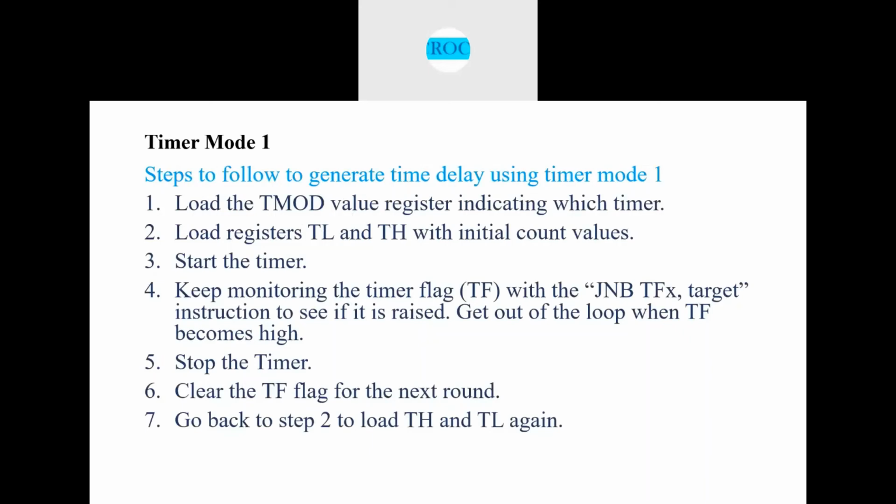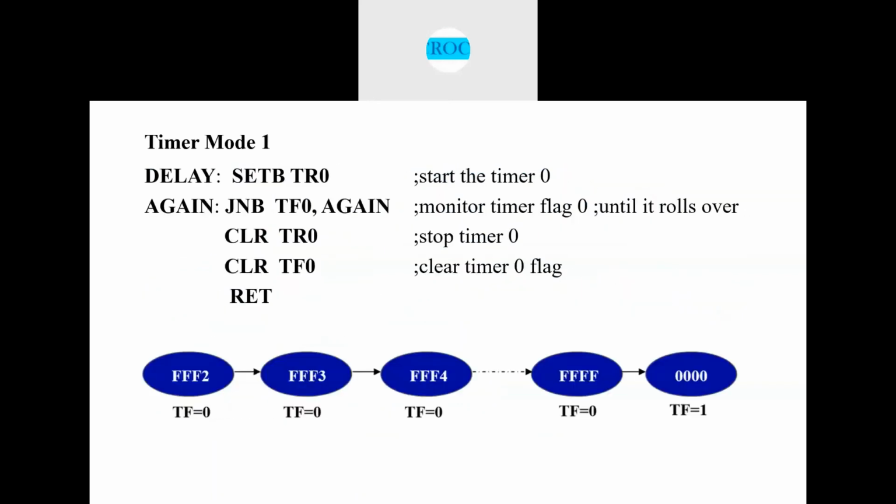Again initialize the 8-bit TL and TH registers with the initial count values. You can start with any initial count. And start the timer. You can use the SETB instruction to start the timer, keep monitoring the flag with the JNB instruction, and stop the timer by using the clear instruction. This is the process which is followed.